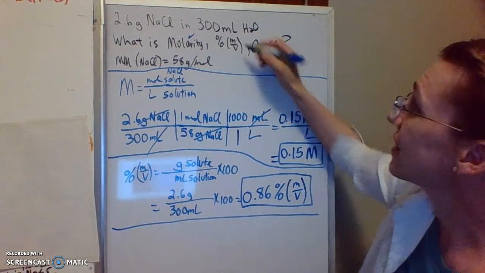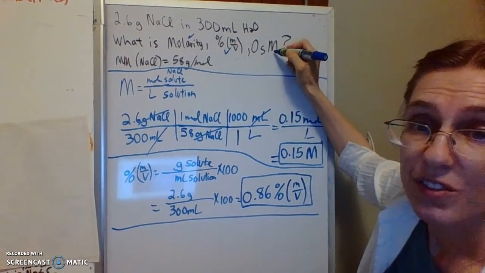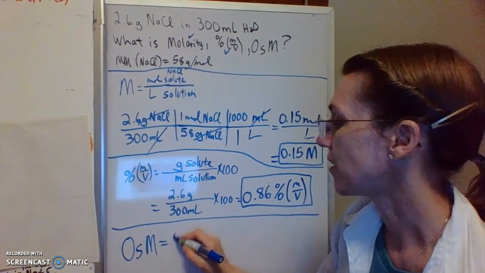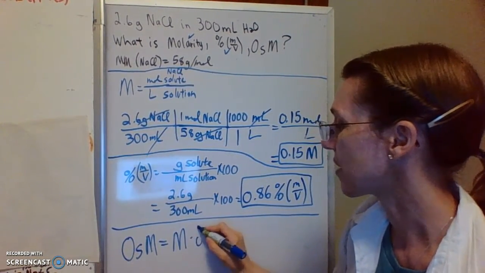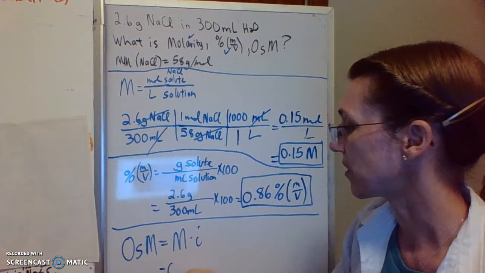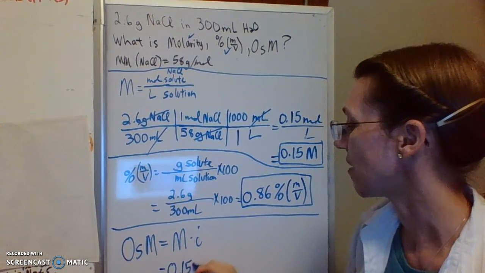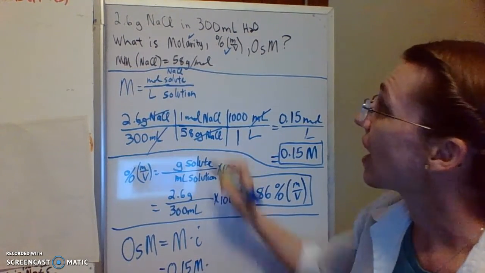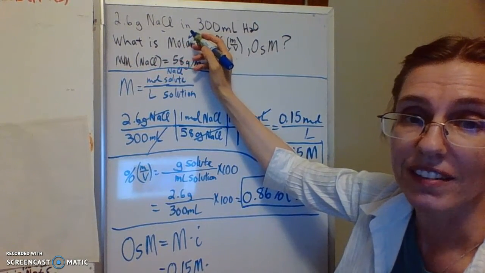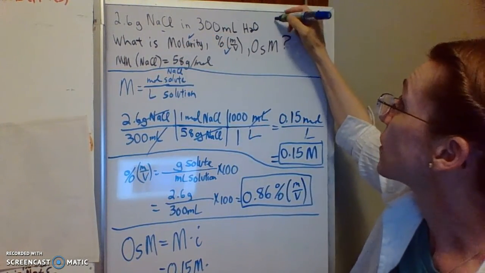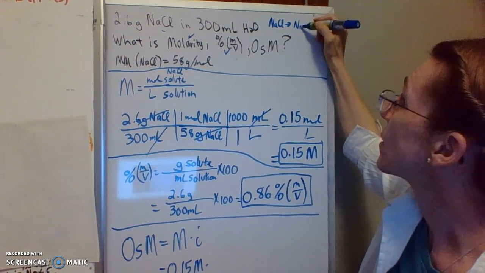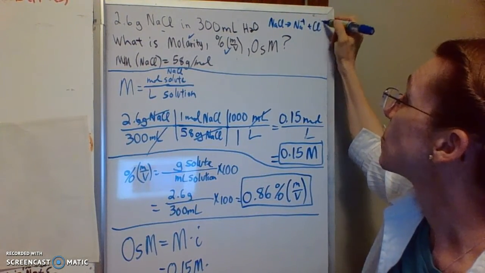And then finally, we got this one out of the way. Let's do osmolarity. Osmolarity, we've got to know that is molarity times i. Well, our molarity we just had up here, so let's go ahead and put that in, 0.15 molar times i. Sodium chloride. What's the i for sodium chloride? Well, you remember sodium chloride in water goes to Na+ and Cl-.